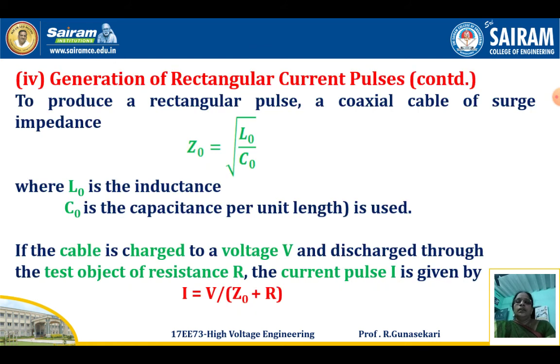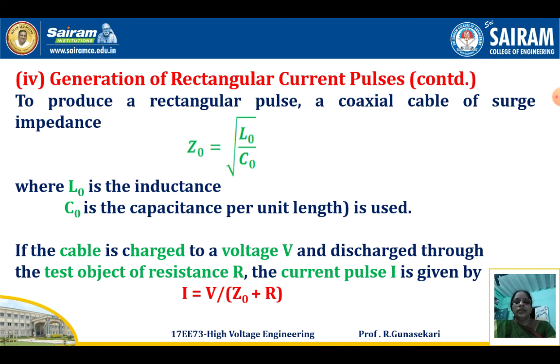Then to produce rectangular pulses, a coaxial cable of suitable impedance is used. How can we calculate the coaxial cable surge impedance for rectangular pulse producing? Z0 equals root of L0 divided by C0, where L0 is the inductance and C0 is the capacitance per unit length.